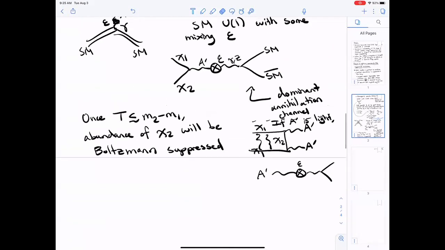Okay, so this is a case where, if it is true that this is the dominant annihilation channel, then this just works like ordinary Dirac matter during freeze out, but at late times the abundance of the chi2 is very suppressed, which suppresses the annihilation rate.